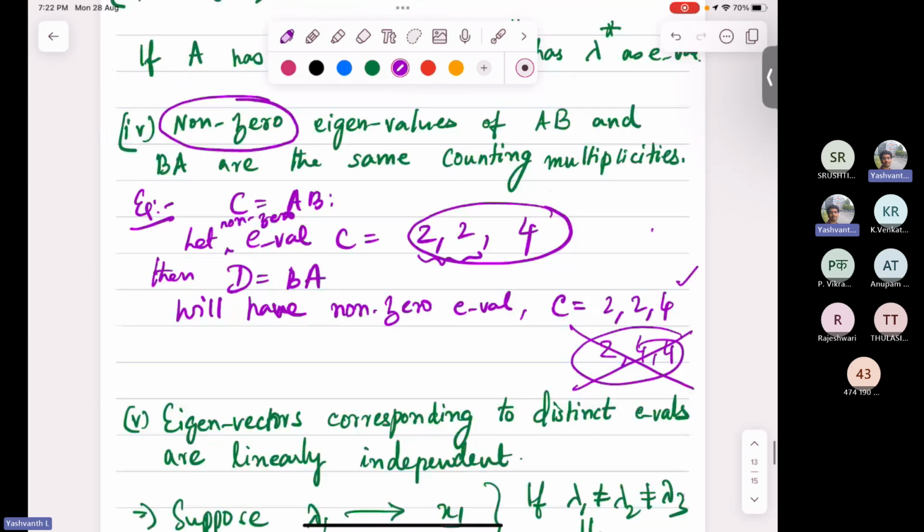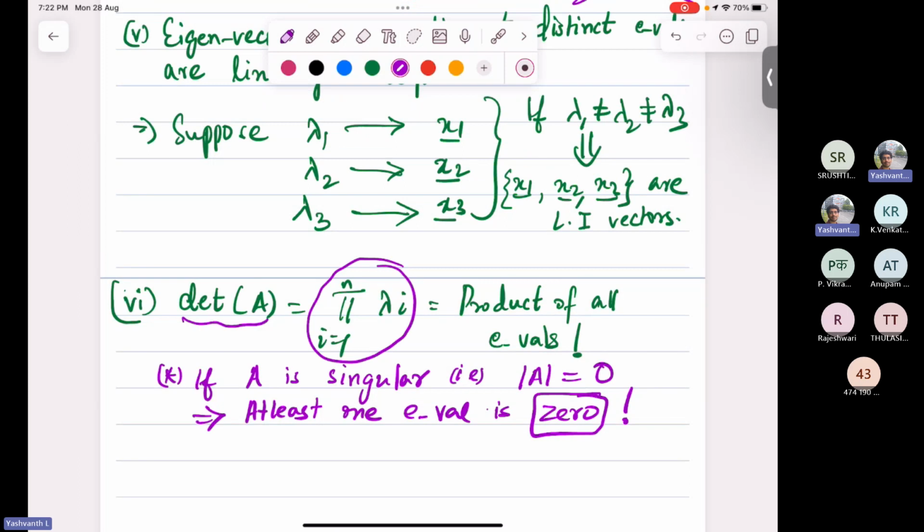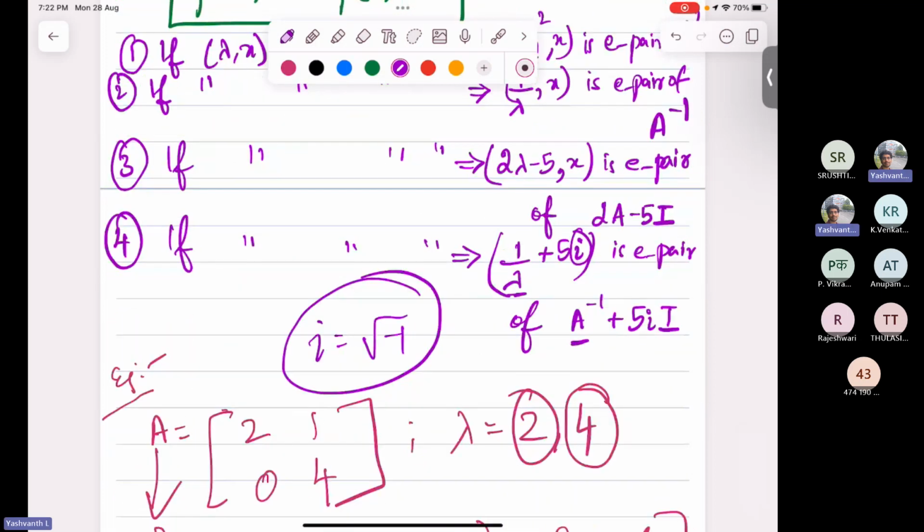On the other hand, if the determinant of A is the product of eigenvalues and is non-zero, none of the eigenvalues can be 0. Everything should be a non-zero number. So 1 by any non-zero number is always a proper number. So this fact does not contradict that. 1 by lambda exists as a proper finite number because A inverse exists.